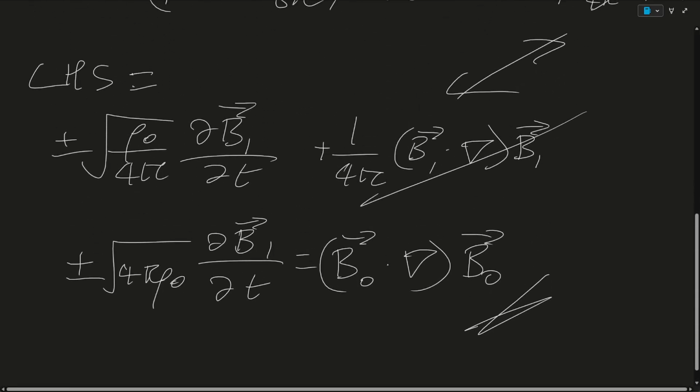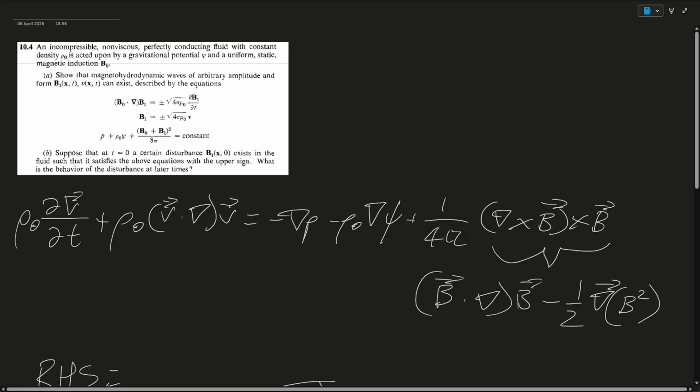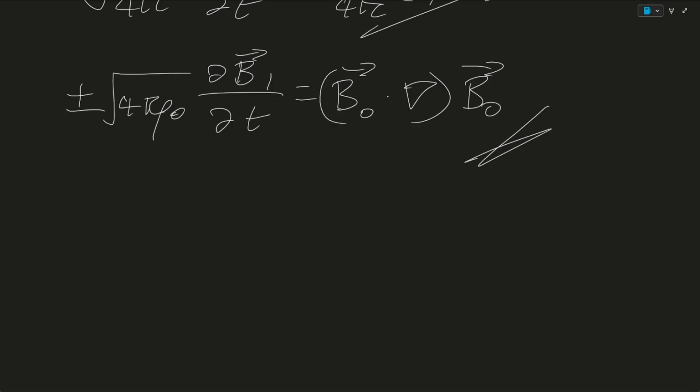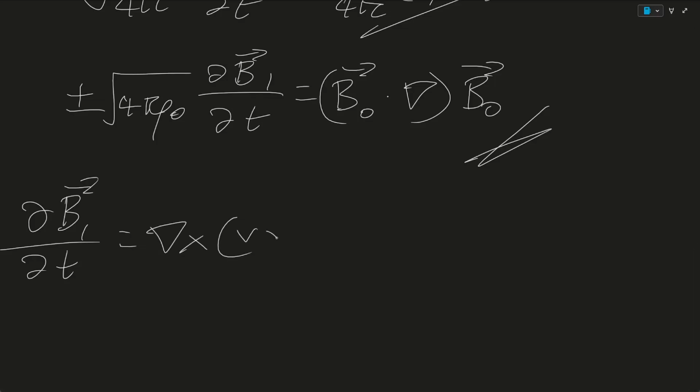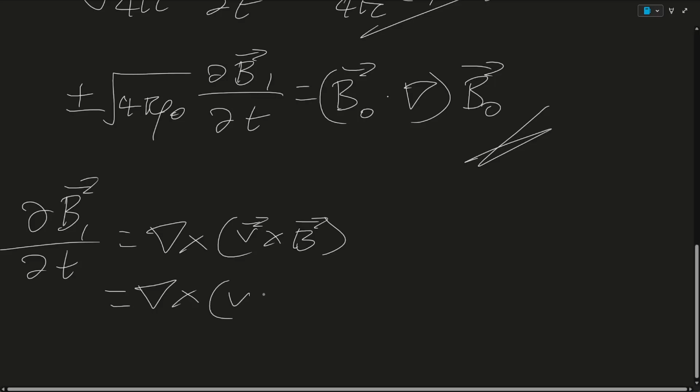Yeah, because if they both reduce to this form, and we subbed in those two equations, then we must be right. All of them must be right. Yeah, I remember this. So, b1 t is del cross v cross b, which is del cross v cross b naught plus del cross v cross b1.